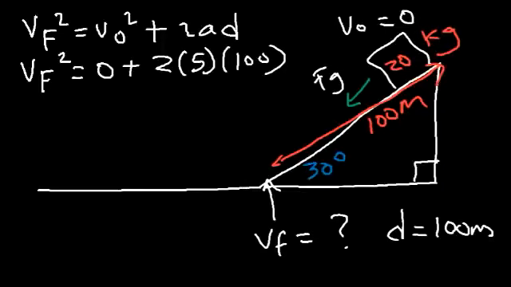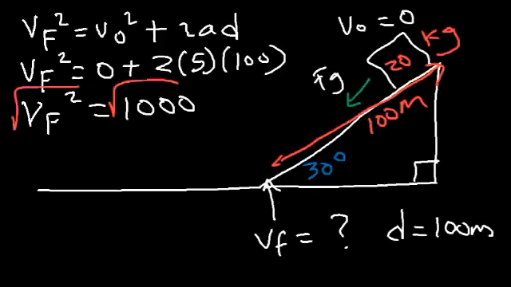So 2 times 5 is 10, and 10 times 100 is 1,000. So to solve for V, we need to take the square root of both sides. So V final is equal to the square root of 1,000, and that's about 31.6 meters per second.